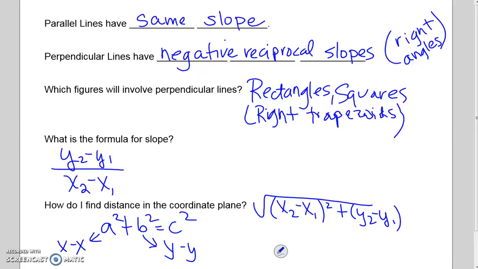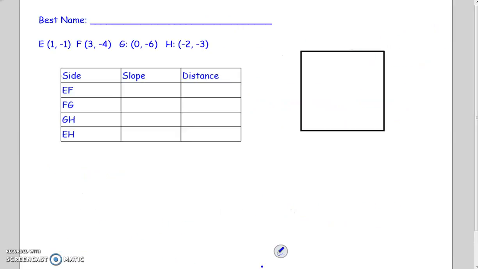Okay, so let's look at our first example problem where we're going to have to find this information. Now, sometimes I'm going to give you the coordinate plane so you can graph it. Sometimes I won't. If I do not give you the coordinate plane, what I want you to do is draw a generic box, label it with your points, and then we're going to label our picture.